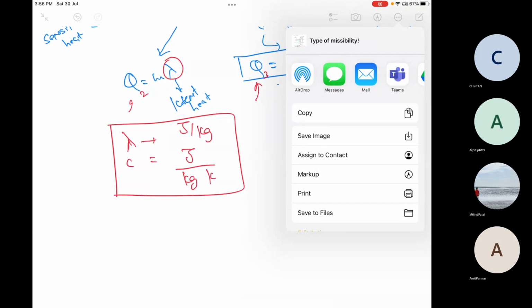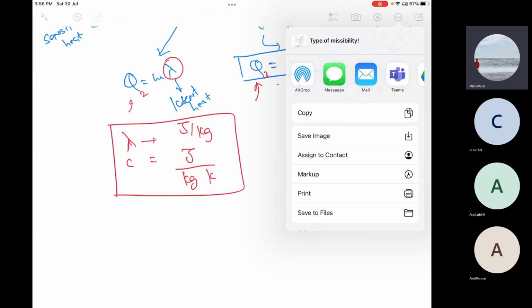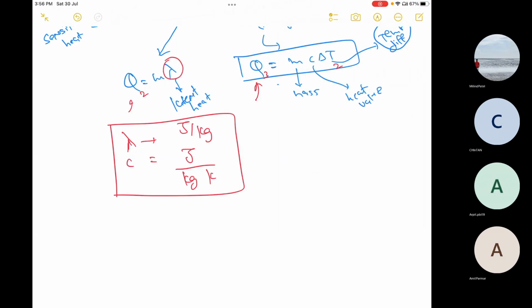Hello, sir. How long will it take from now onward for EOR? For this, sir, let's say we have covered the flooding part. Within the next two lectures we are going to cover thermal flooding. Then in the next lecture we are going to cover chemical flooding.